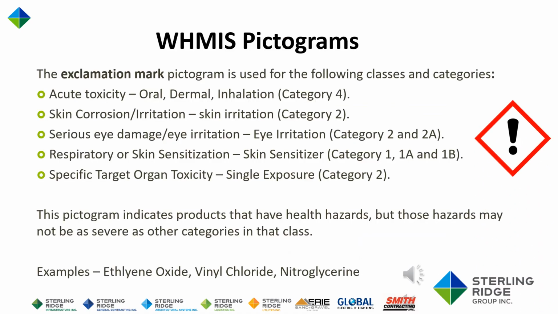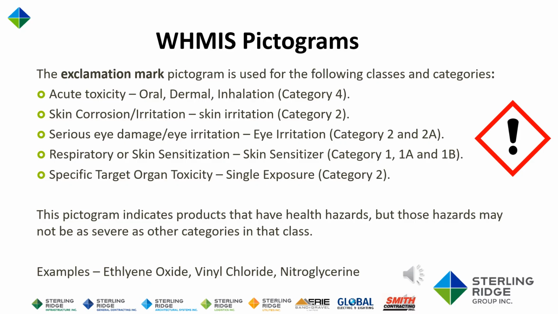The exclamation mark pictogram is used for the following classes and categories. Acute toxicity. Oral, dermal, inhalation. Category 4. Skin corrosion/irritation, skin irritation. Category 2. Serious eye damage/eye irritation, eye irritation. Category 2 and 2A.